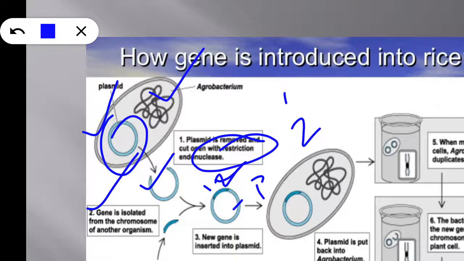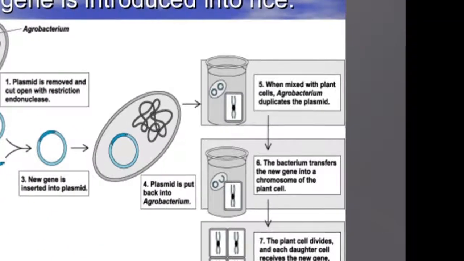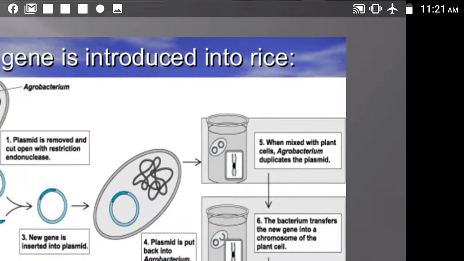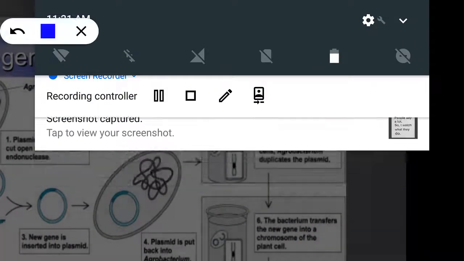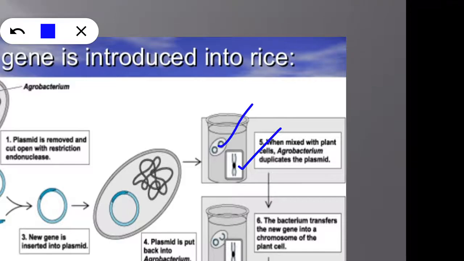And in the next step, what is done? This agrobacterium, which is carrying the plasmid and the genes, is allowed to infect the plant. So you can find here, this is the plant cell, and this is the agrobacterium which carries your desired genes.